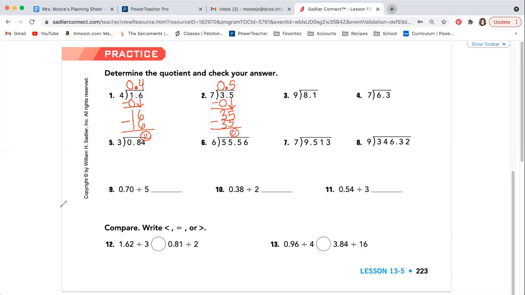Right? Okay. Give number 3 and number 4 a try. Number 3 and number 4.